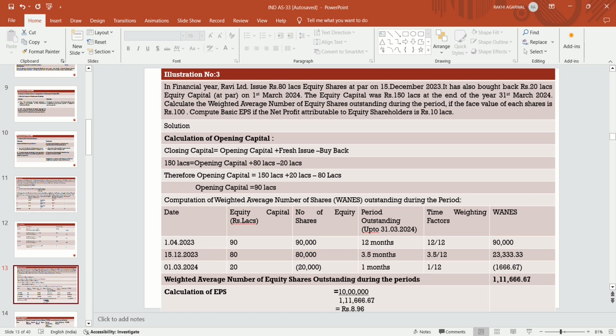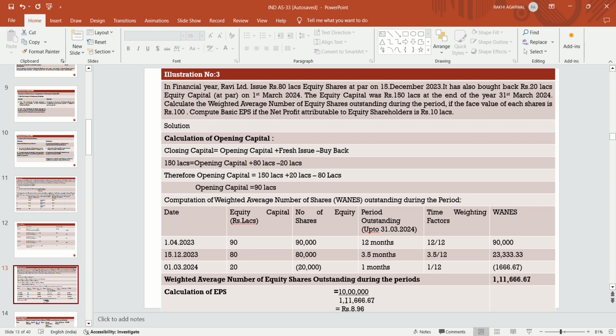The company bought back its shares, so it will be reduced. The company bought back its shares on 1st March, so that amount of shares is to be reduced. So on 1st March 2024, the company bought back 20,000 shares, and the time effect is to be given for 1 month.